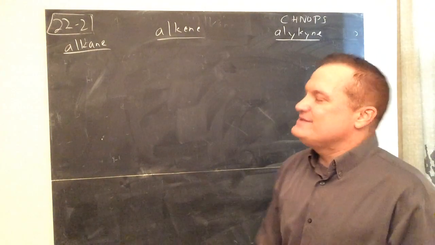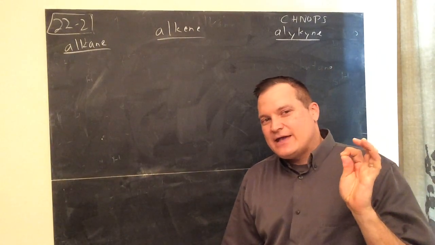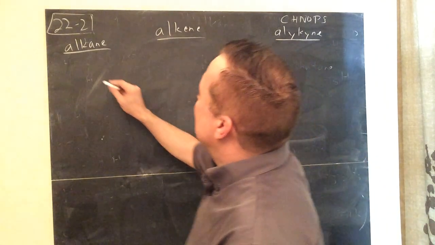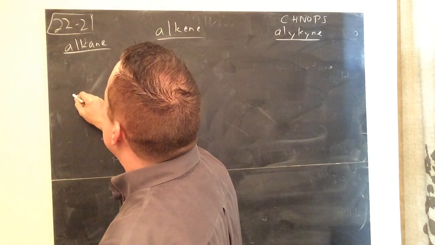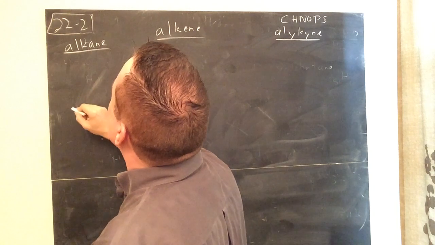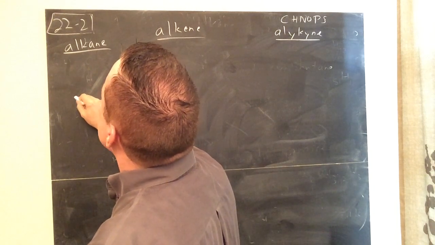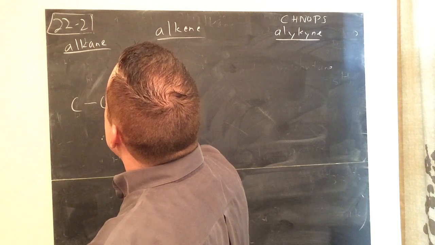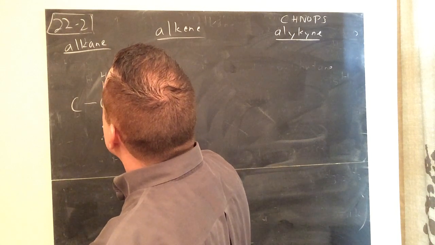The alkenes, the word changes from alkane to alkene if you have a double bond in it. So, for example, let's start with ethane. Ethane looks like this.